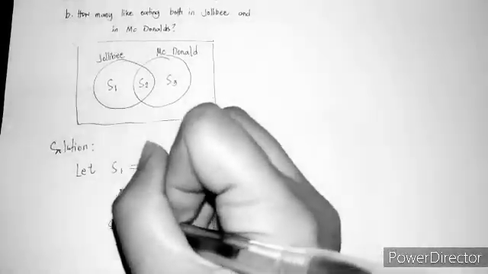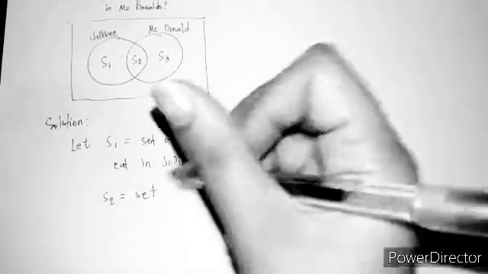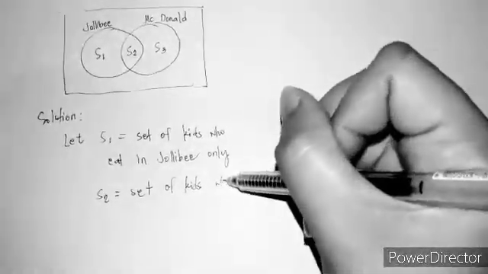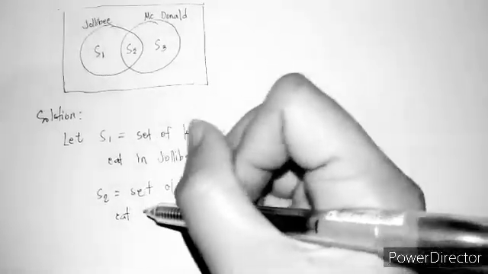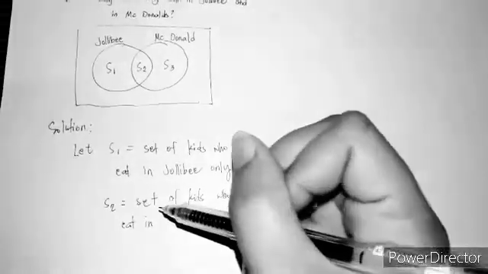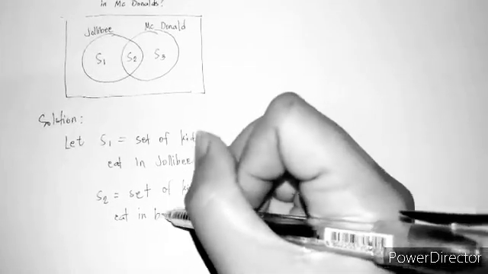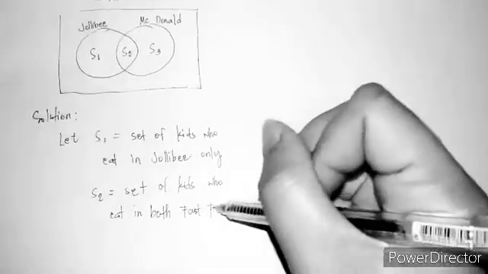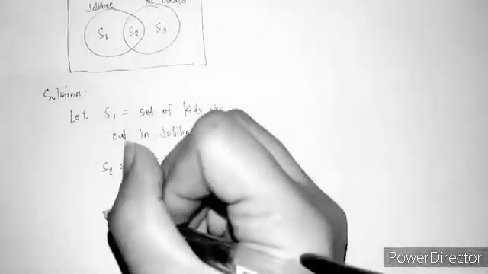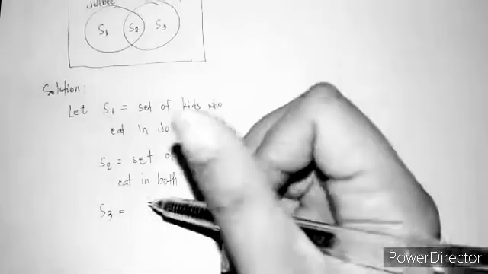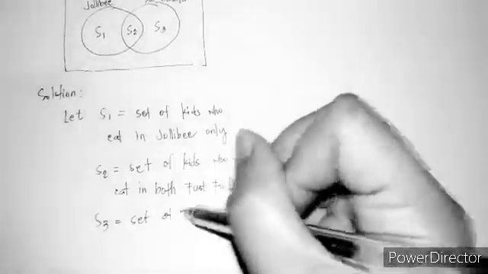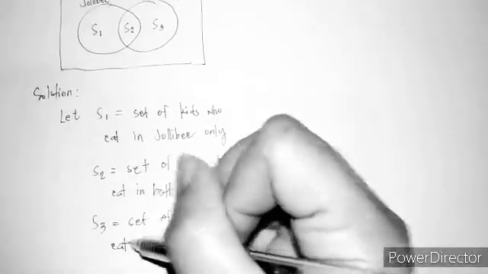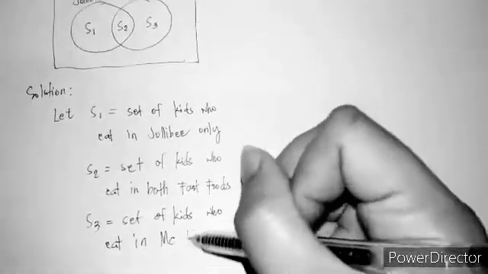Then let S2 be the set of kids who eat in both fast food chains. Then let S3 be the set of kids who eat in McDonald's only.